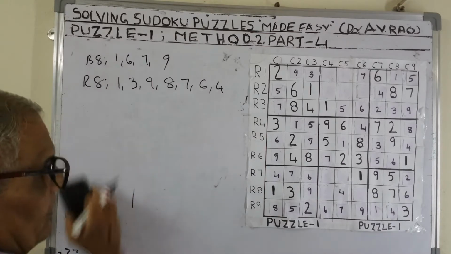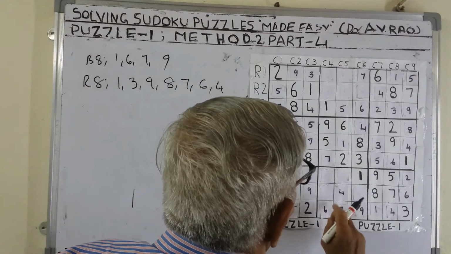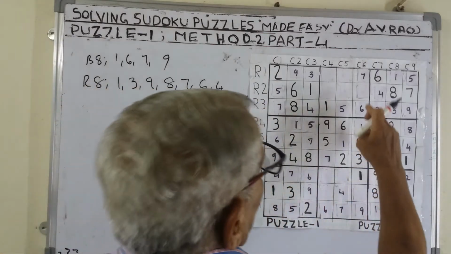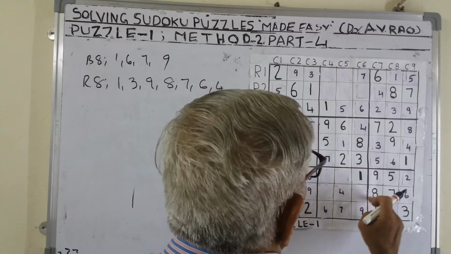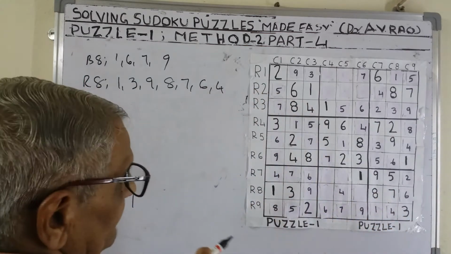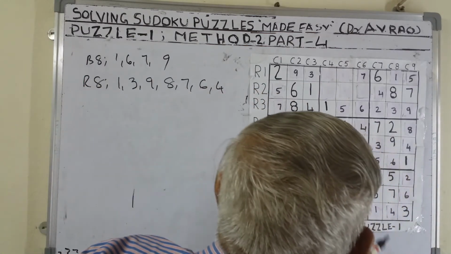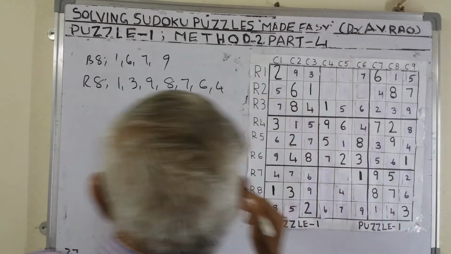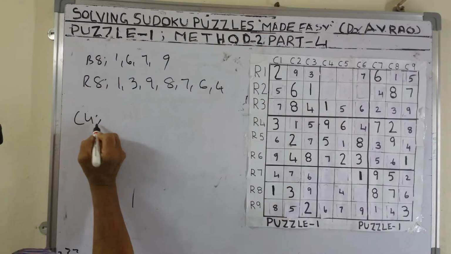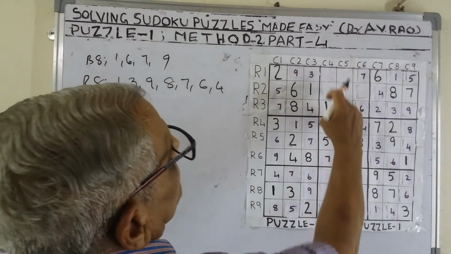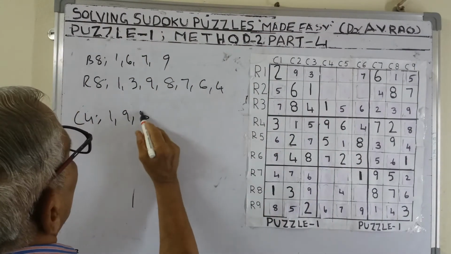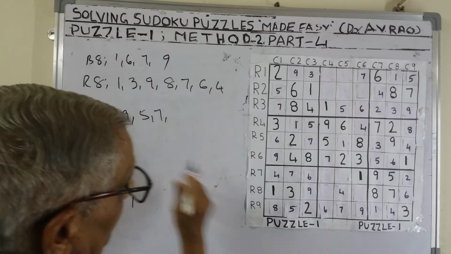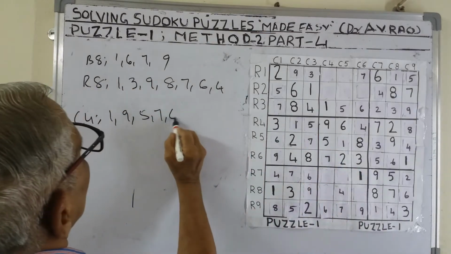Now let us come to column C6. First, column C4: what are all the numbers available? 1, 9, 5, 7, 6.